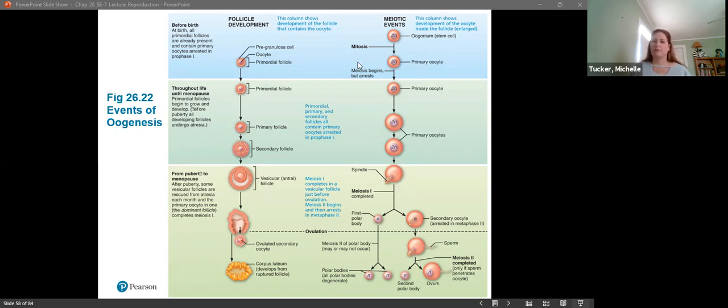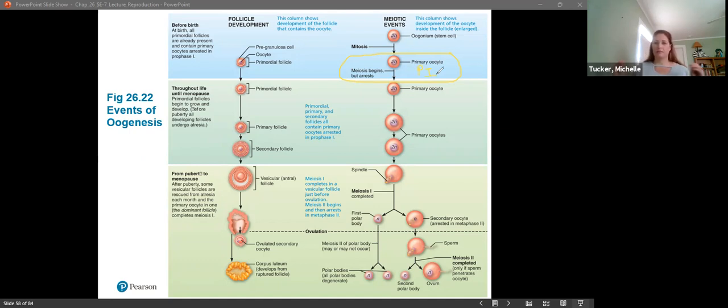The big thing is that primary oocytes are created during the fetal period, and then they arrest, so they pause in prophase 1, and they don't continue.